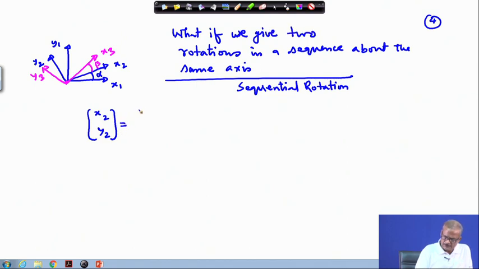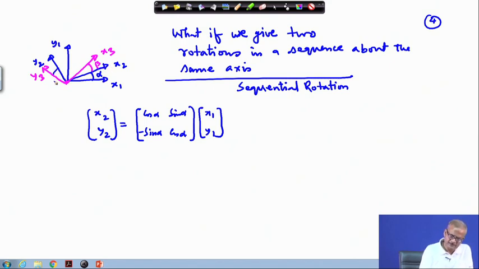So, x 2 y 2 will be equal to cos alpha, sin alpha, minus sin alpha, cos alpha, times x 1 y 1. Okay. Now, this coordinate, then you are further rotating by beta angle. So, this is beta.